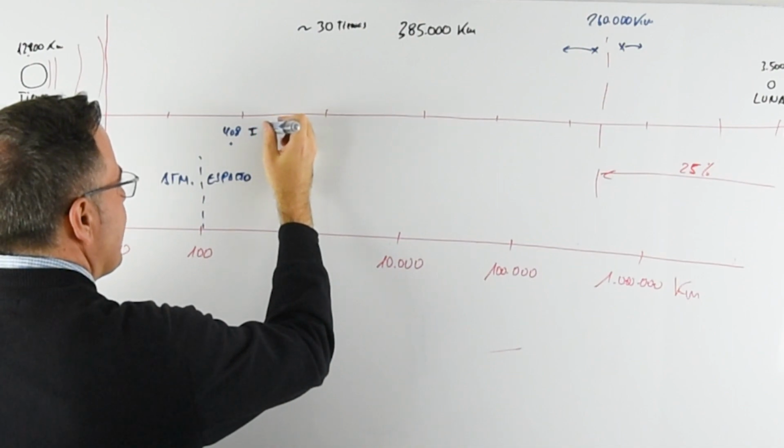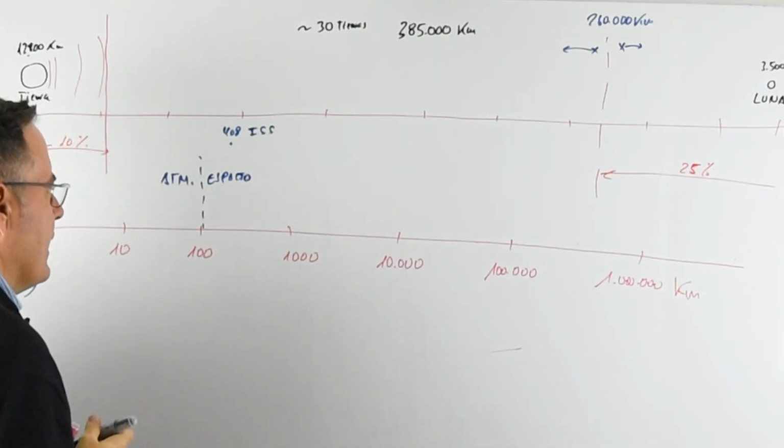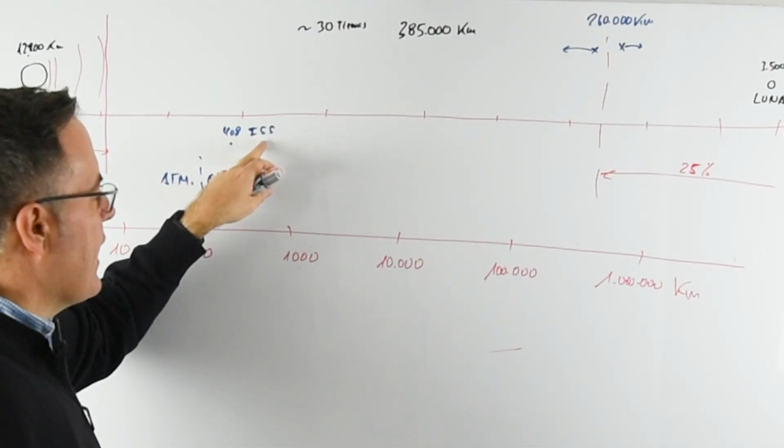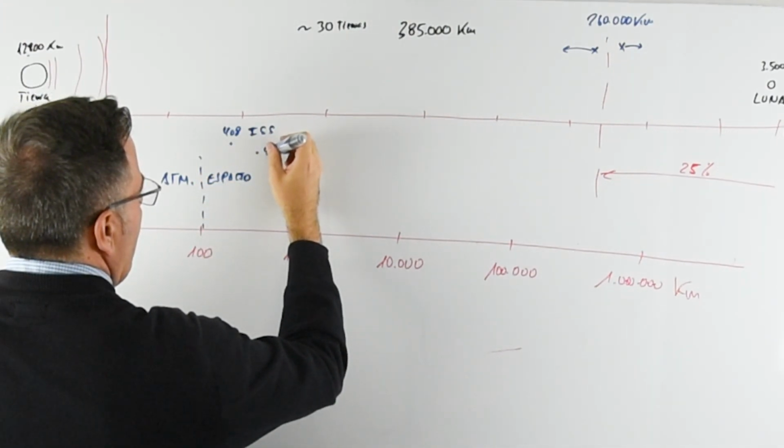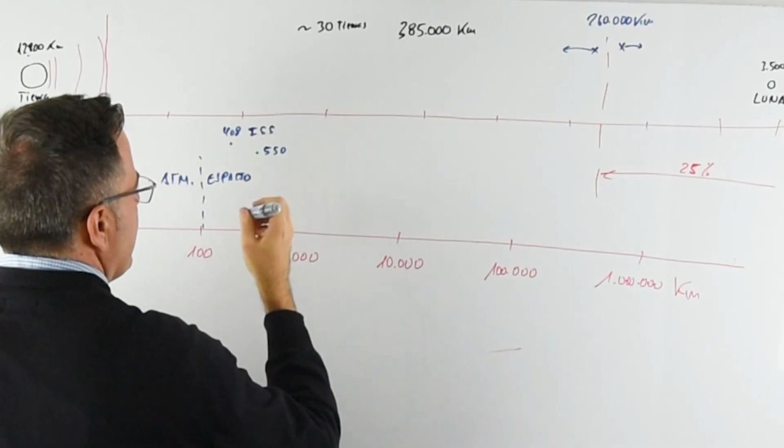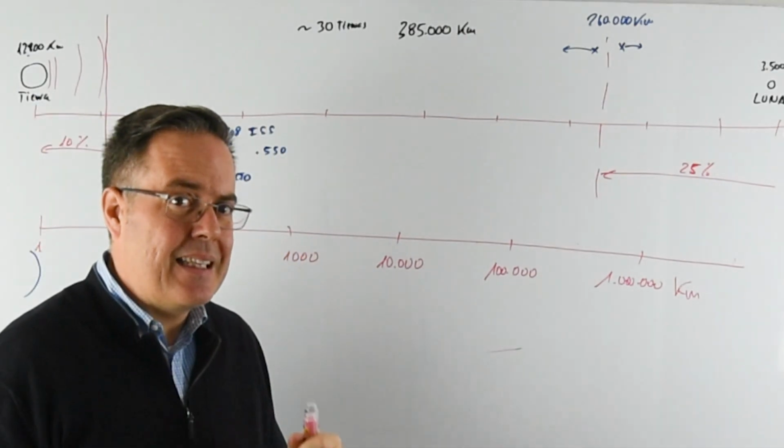Then I represent some satellites or devices in orbit. For example, at 408 kilometers we have the International Space Station.